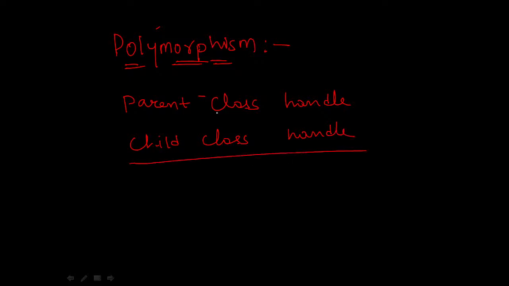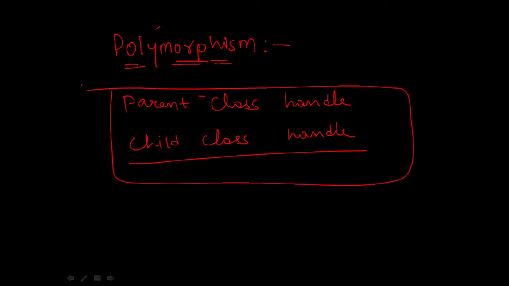In simple terms, in layman's terms, if I want to define polymorphism, this is the definition. A class handle can act as a parent class handle as well as a child class handle. That's it. This is a simple definition. If you want to explain to someone what is meant by polymorphism, you can tell them a class handle can act as a parent class handle as well as a child class handle at a time.